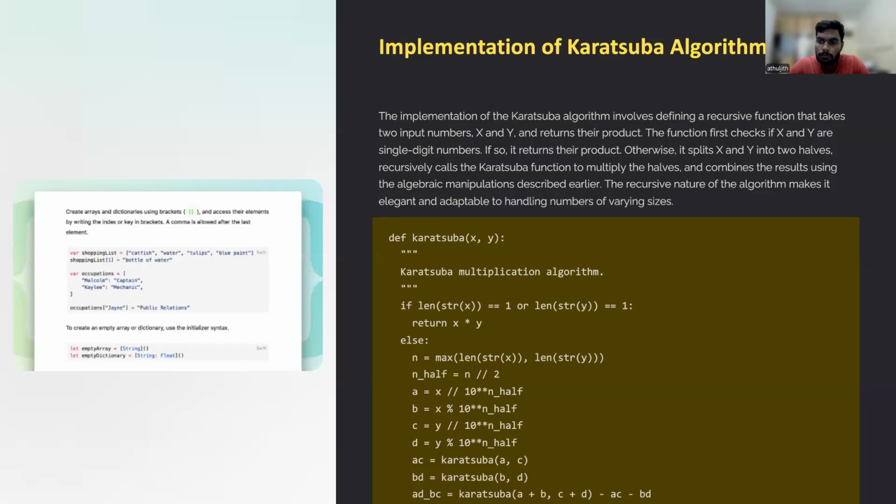The recursive nature of the algorithm makes it elegant and adaptable to handling numbers of varying size. Here is an example of the Karatsuba algorithm in C programming.